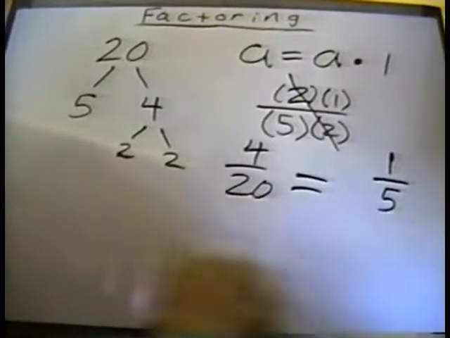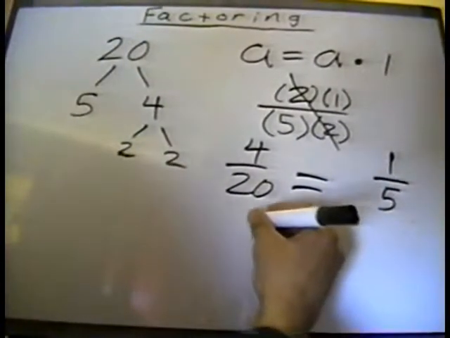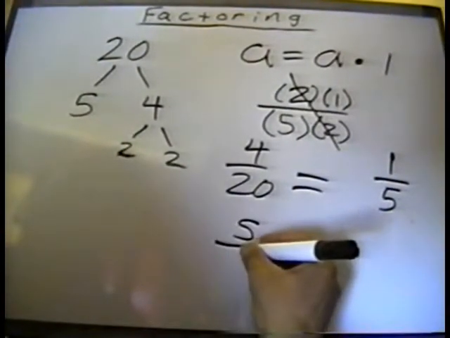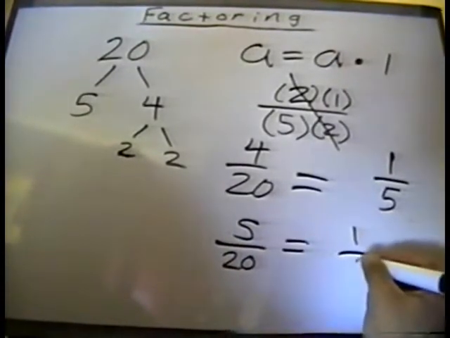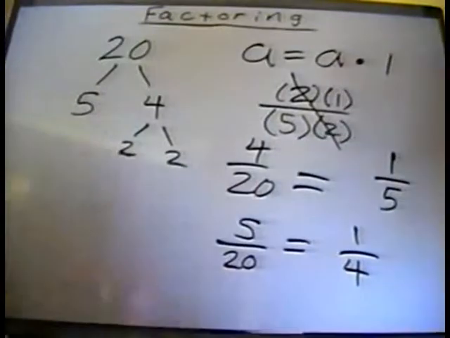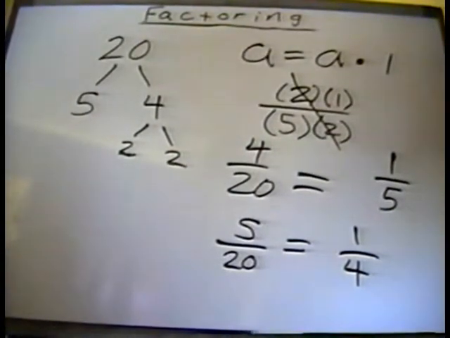Okay? So 4/20 equals 1/5, and 5/20 equals 1/4. Okay?